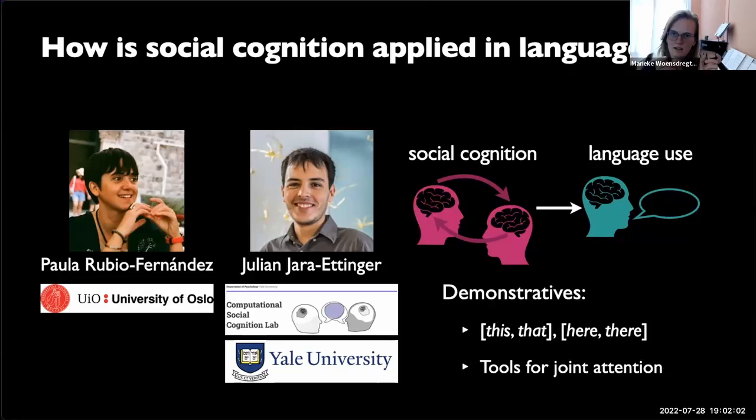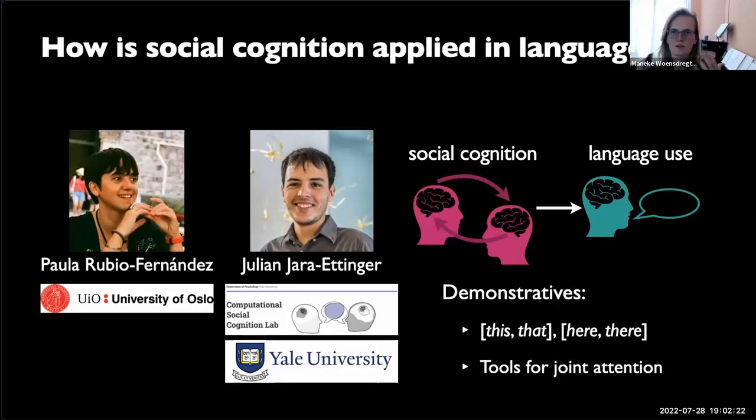So they form small closed class systems within our language of deictic terms, so terms of which the meaning depends on, or the referent depends on the context and who is using the word. And they are used to establish and maintain joint attention.